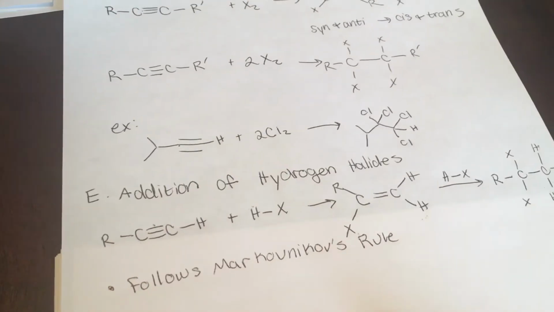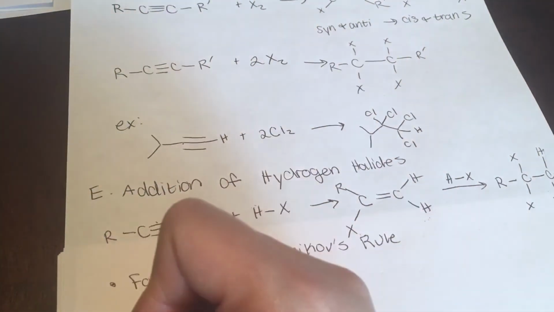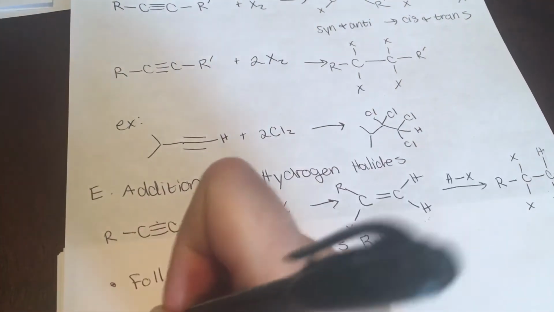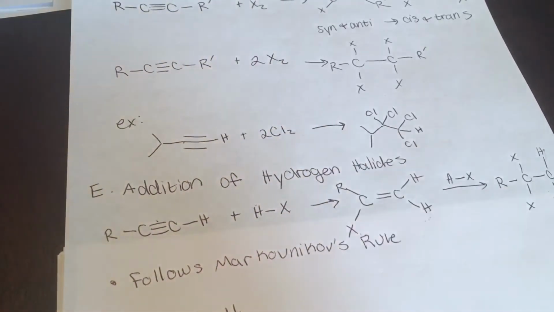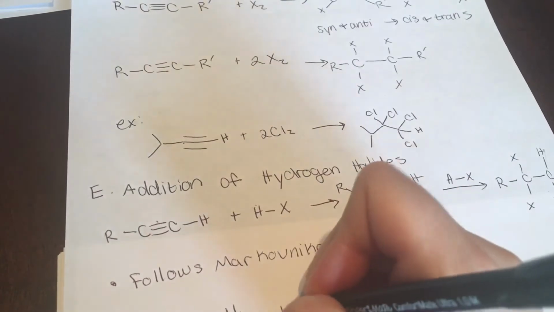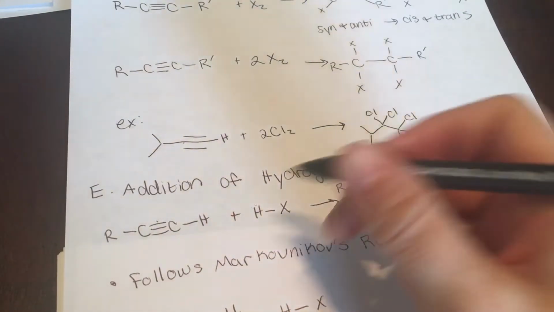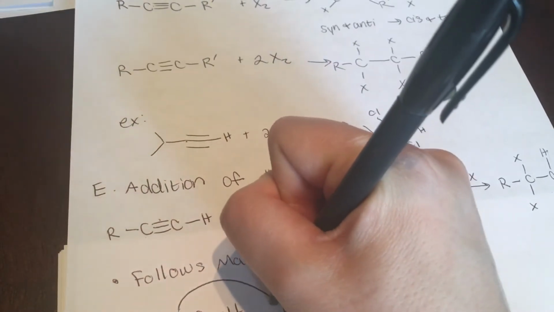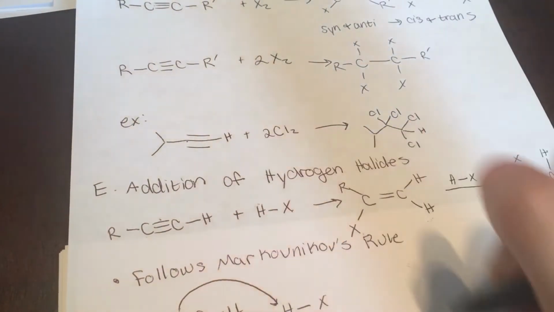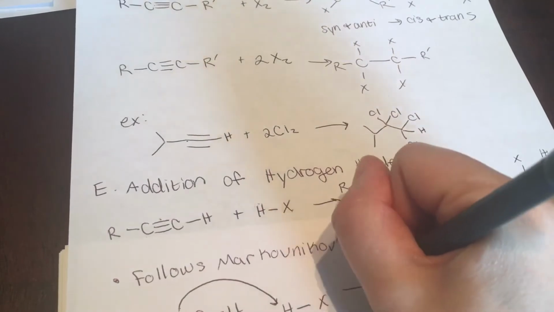Let's just do the mechanism. Again, it's the same mechanism as before. If you have your hydrogen halide, the pi bond is going to attack the hydrogen and the leaving group is going to leave, SN2.